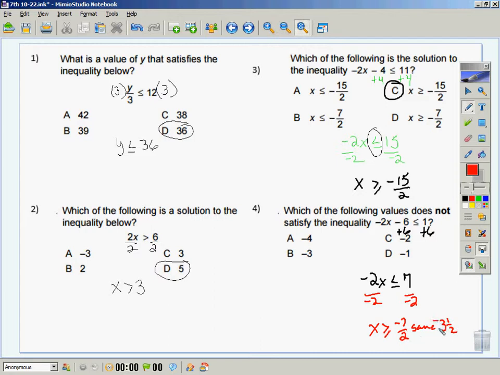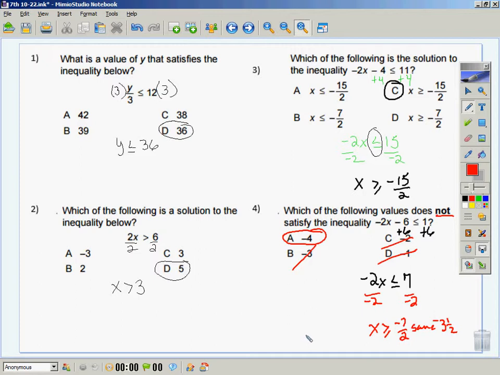It's looking for numbers that are greater than 3.5, but it's the ones that aren't going to make it true. This makes it true, this makes it true, this makes it true, but a negative 4 is not greater, it's less. So A is the correct answer.